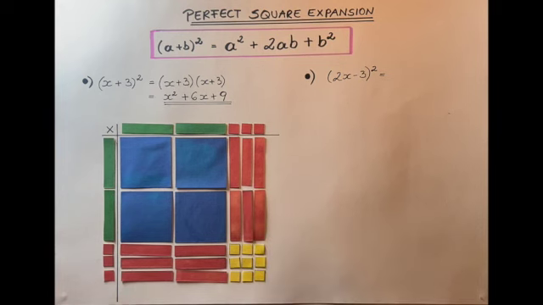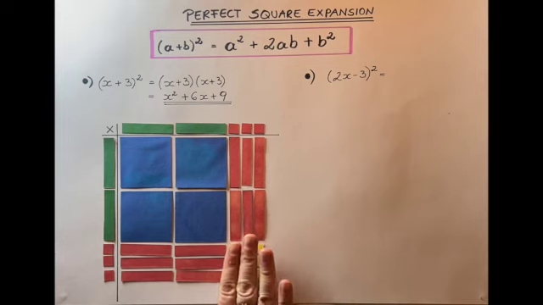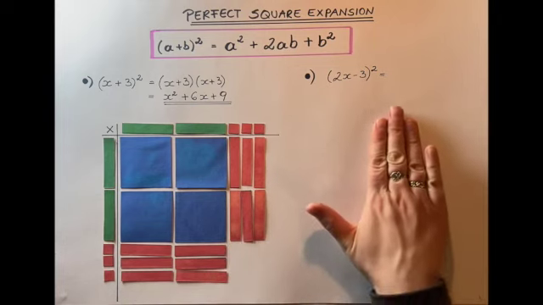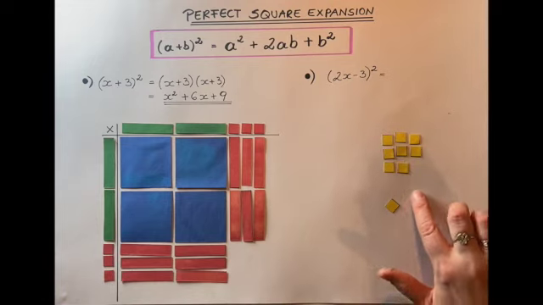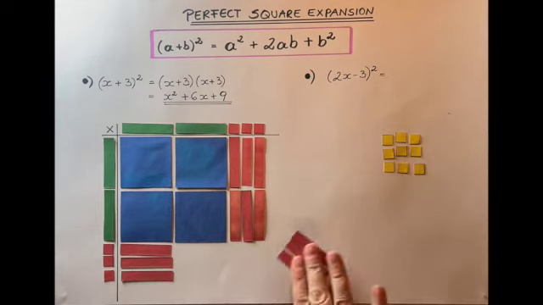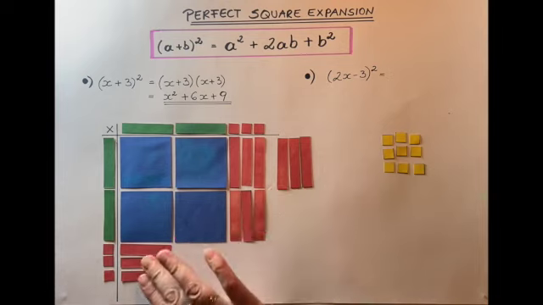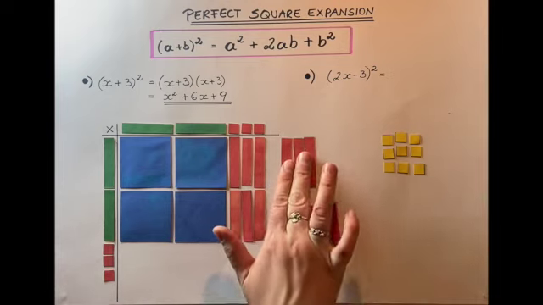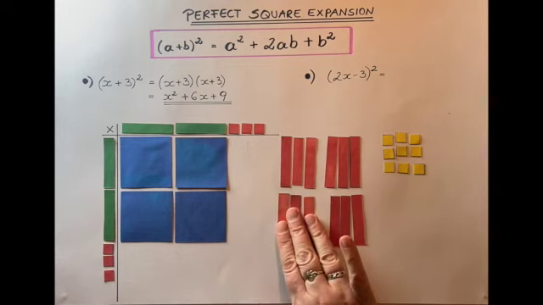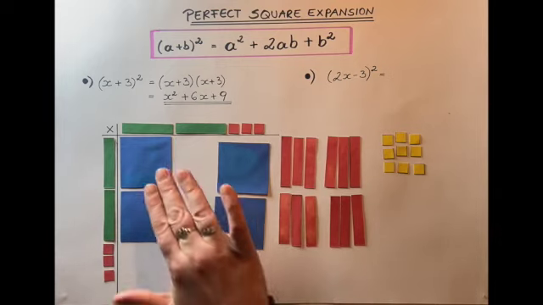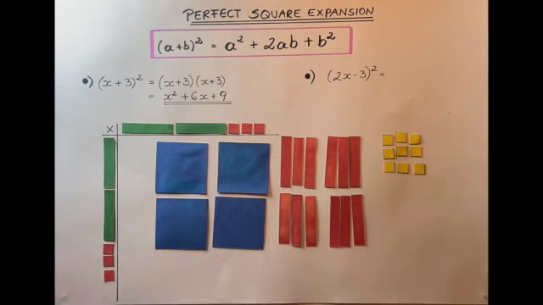It's again a perfect square. All we need to do is collect our like terms. So we have here our units, our x's, and our x squares. So how many of each do we have? Let's see.